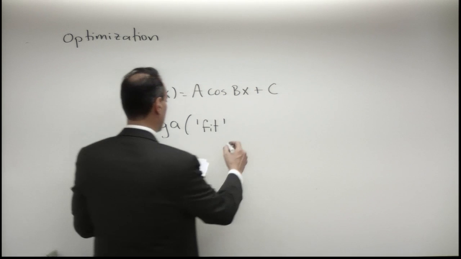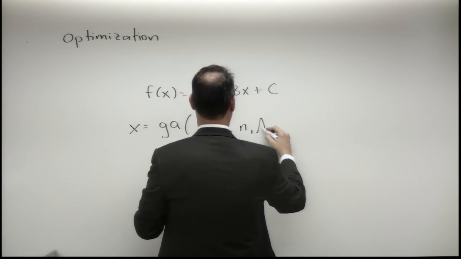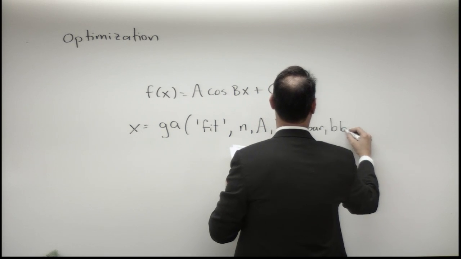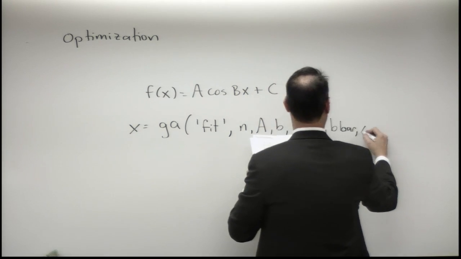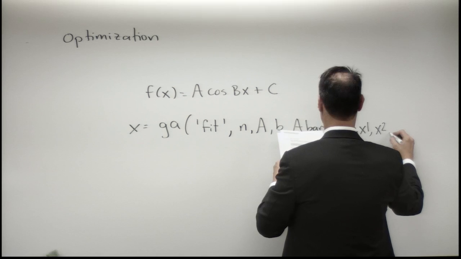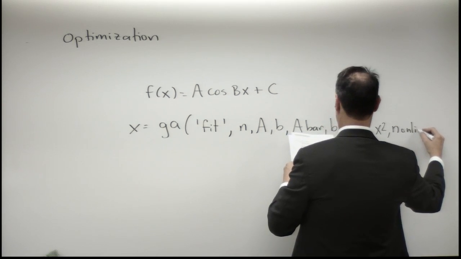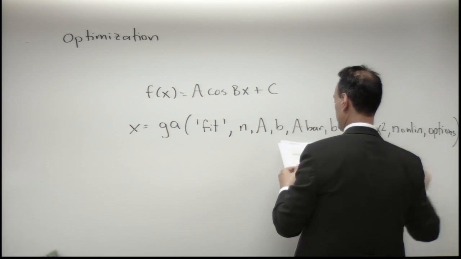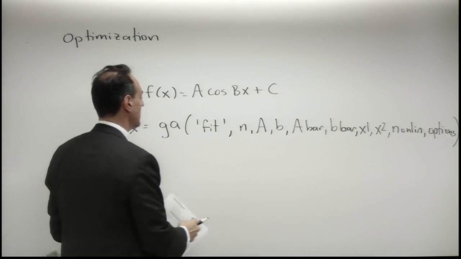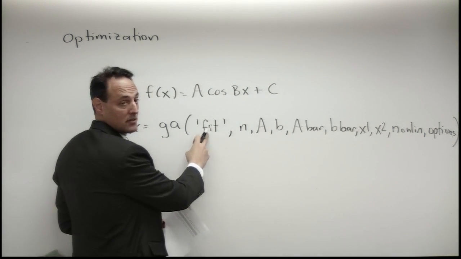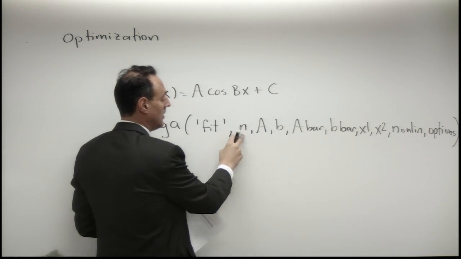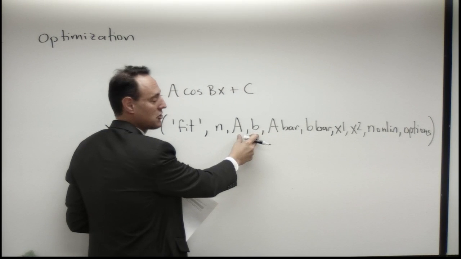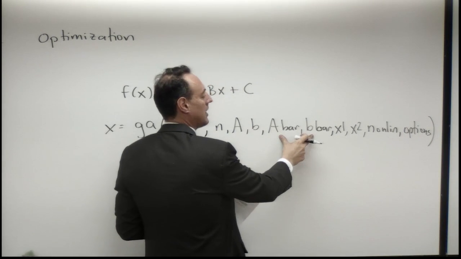And what you give it: N, A, B, A bar, B bar, X1, X2. Go minimize what's in here. Use that many generations. Here are your inequality constraints. Here are your equality constraints.